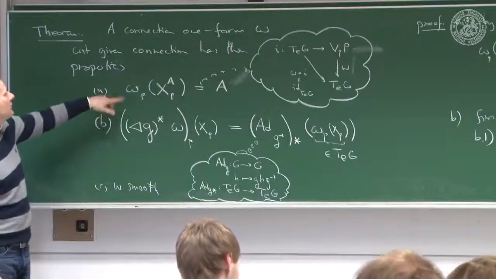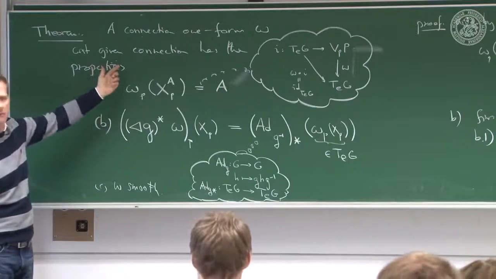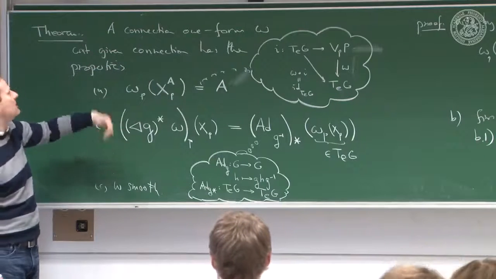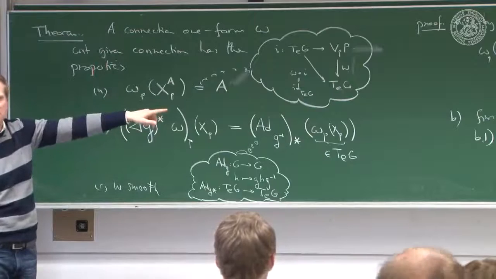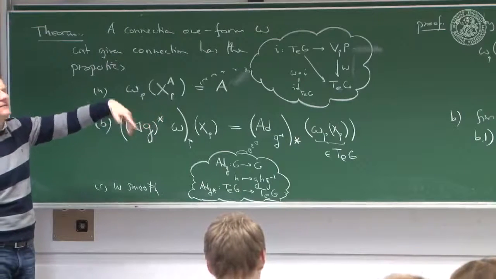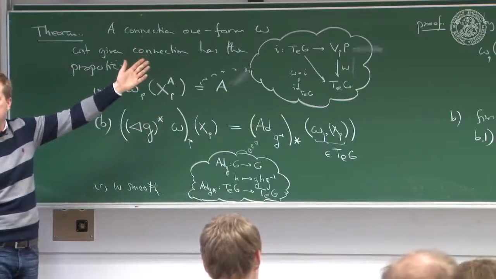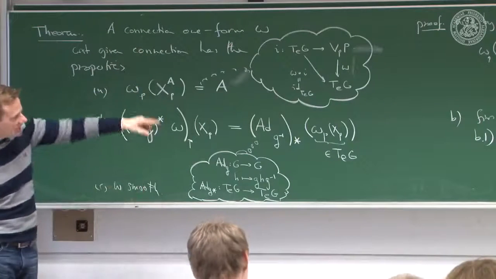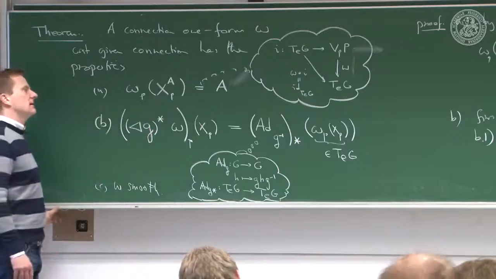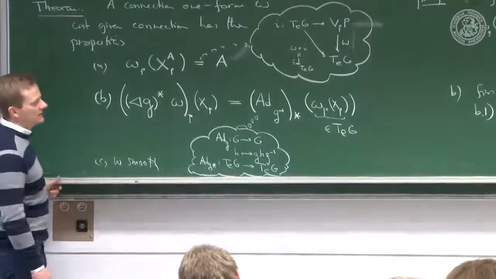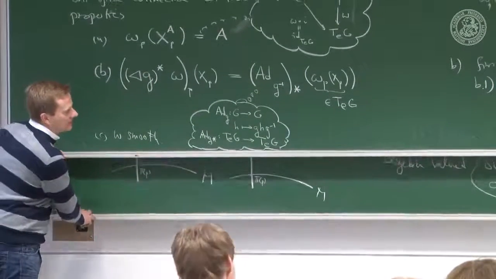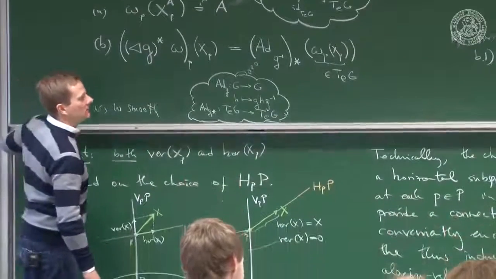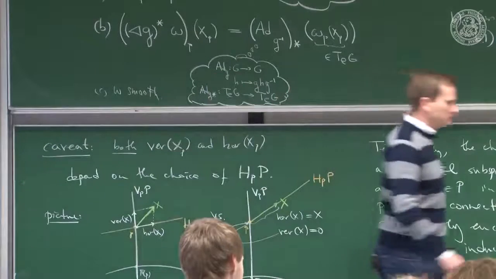It would be nice if we could show the converse of this theorem, namely that any one form with these properties actually induces an HP that satisfies the condition of a connection. But that is the case. The proof is very similar to this, and hence it will go to the next problem sheet. It's really very simple.